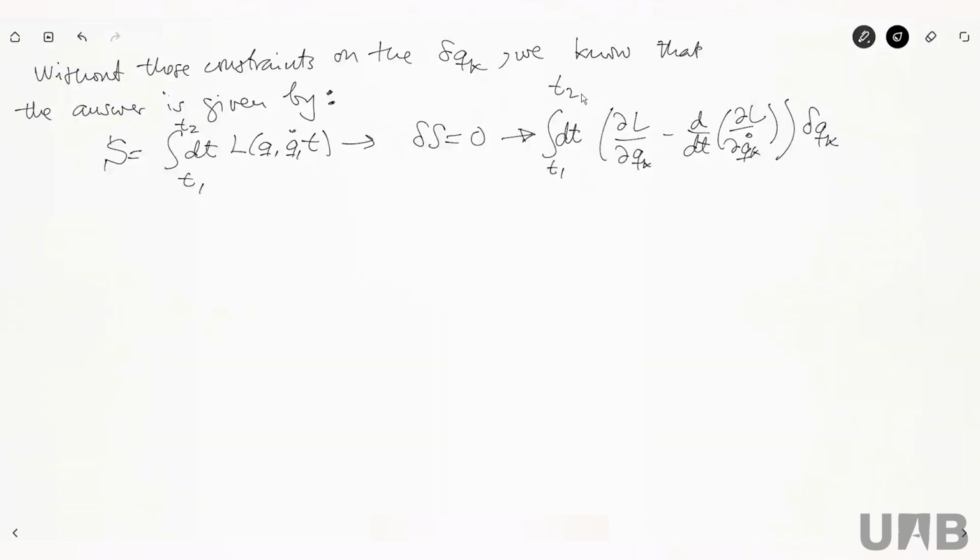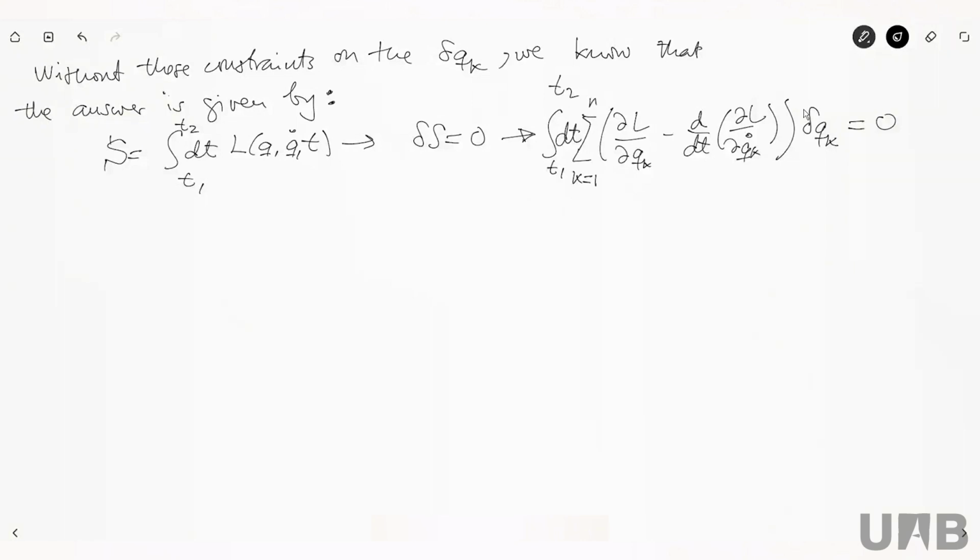And this I have to sum over k, from k equals 1 up to n, equals 0. This is what the stationarity of the action would give me. It yields exactly this condition with a sum over all the coordinates.